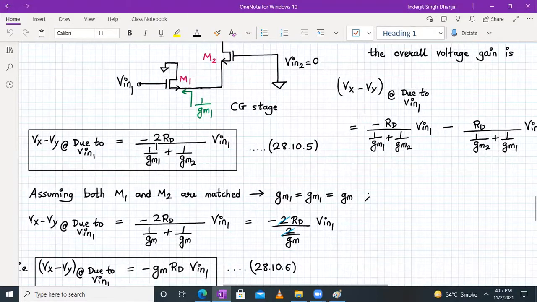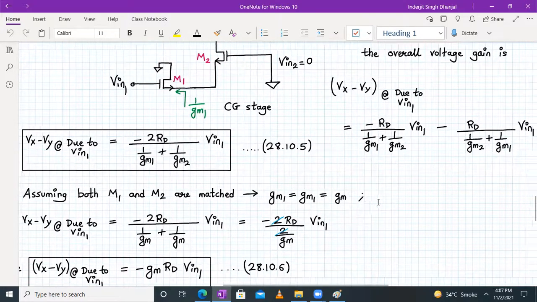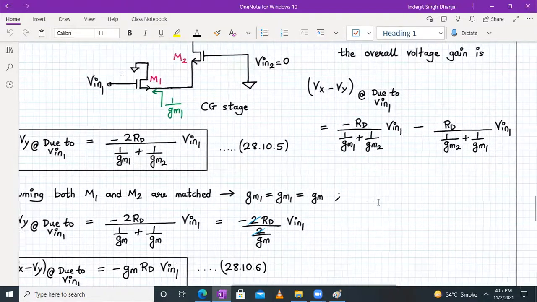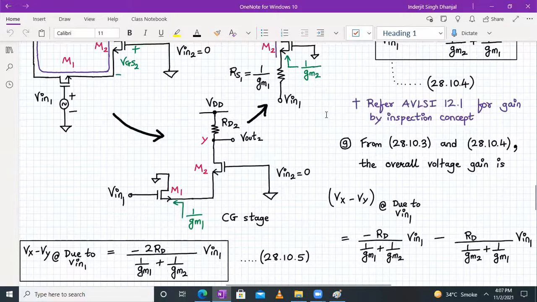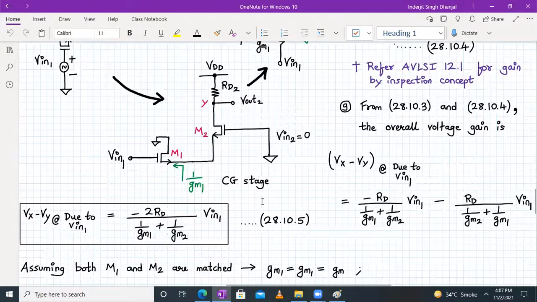Let us understand how the term twice came about.